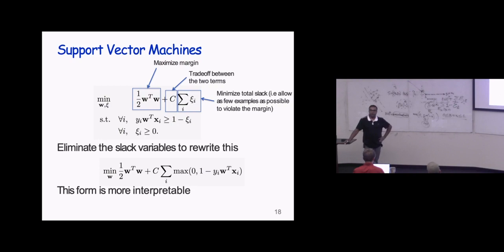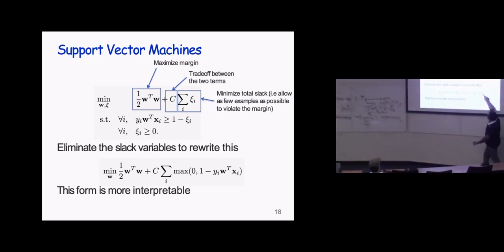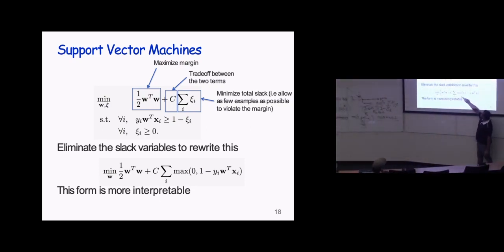So we are transforming constraints into the objective function itself. And now we just have a single objective function that we need to optimize without a constraint. Essentially, we are encoding those original constraints as part of the objective function itself. Because you can summarize all these constraints with this single function, which is the max of 0, 1 minus this.